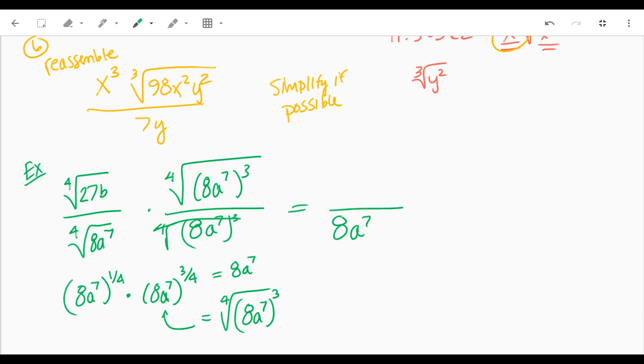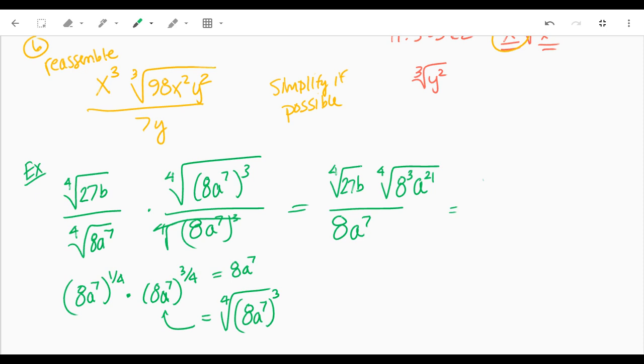And then in your numerator, we'll have the 4th root of 27b times the fourth root of 8 cubed a to the 21. I'm just going to leave that as 8 cubed for now, and you'll see why I left it like that in a second.